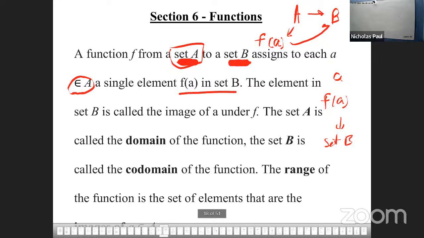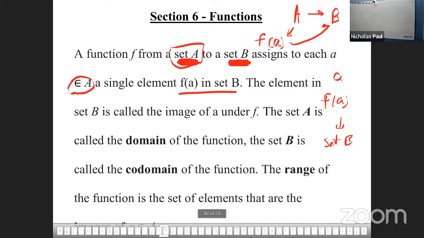Does that make sense? Do me a favor and read over line 1 to see if it makes sense now. A function f from a set A to a set B assigns to each lowercase a, an element of A, a single element f of a in the set B. All this is saying is that whatever value you take from capital A will belong to capital B. That's all.